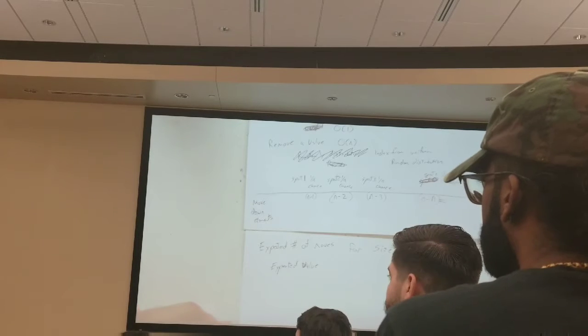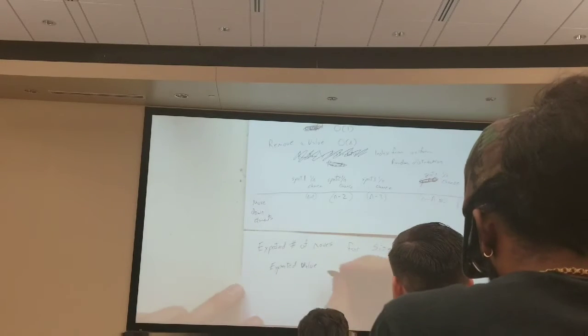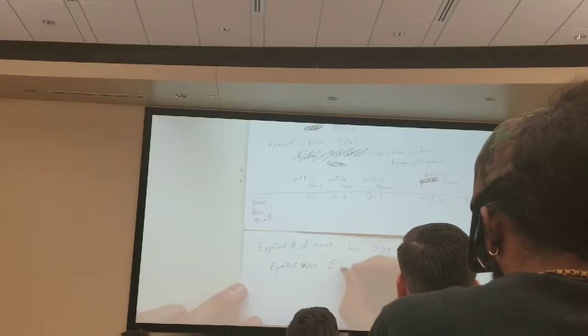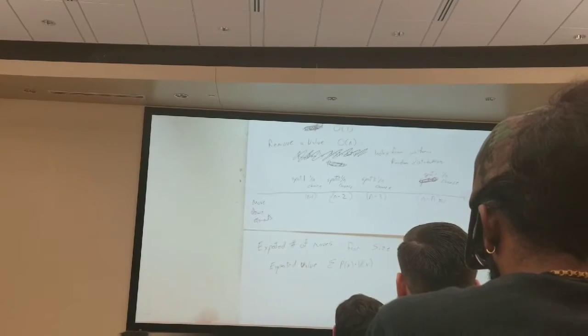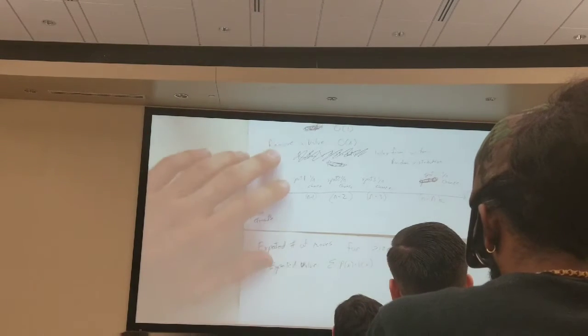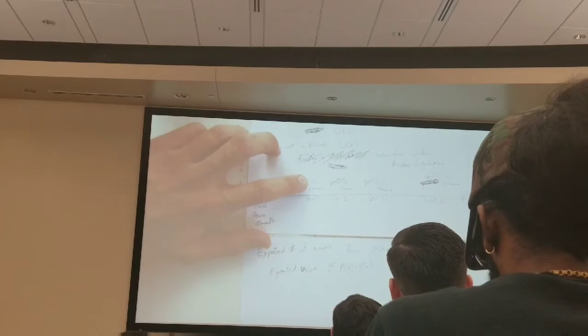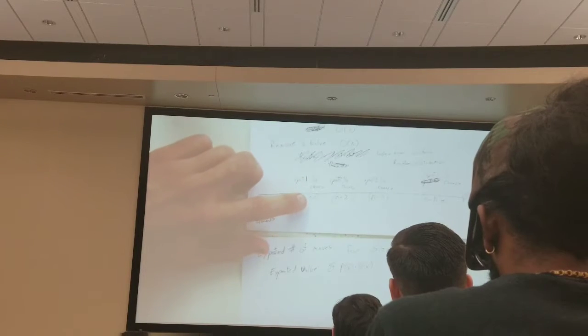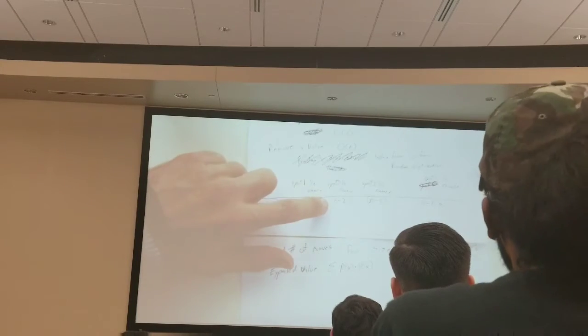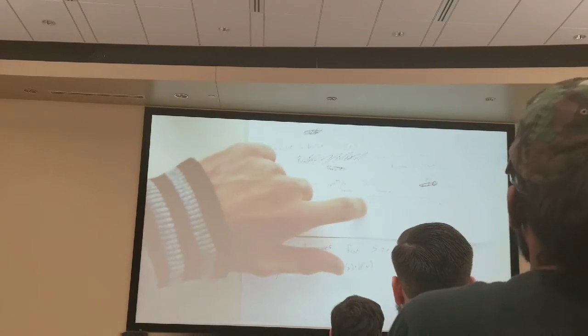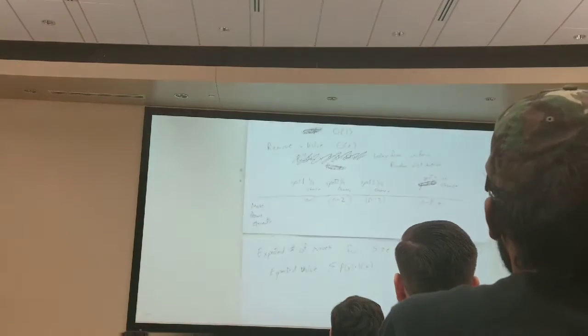So the expected value is always the sum of the probability of each event occurring. You can imagine p of x times whatever the value of x is, effectively. And so the probability of x occurring inside spot 1 is 1 over n, and then the value of it is n minus 1. And then it will be plus 1 over n times n minus 2, plus 1 over n times n minus 3, up to 1 over n times n minus n.